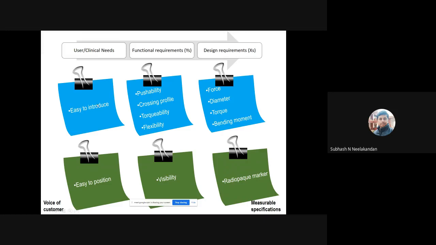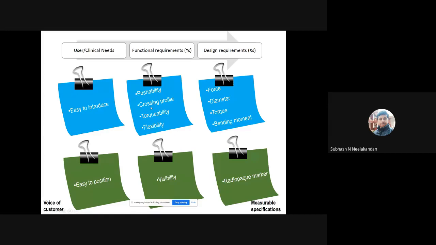Easy to introduce should be converted into functional requirements. The MBBS doctors or pharmacists or whoever the user may be, may not be a specialist in the concerned product. So the product team has to convert easy to introduce into functional requirements. Like, easy to introduce means it should be easy to push the device through the blood vessel.